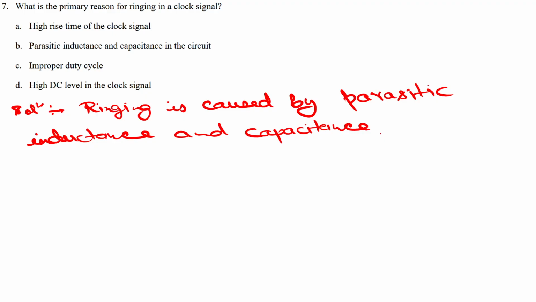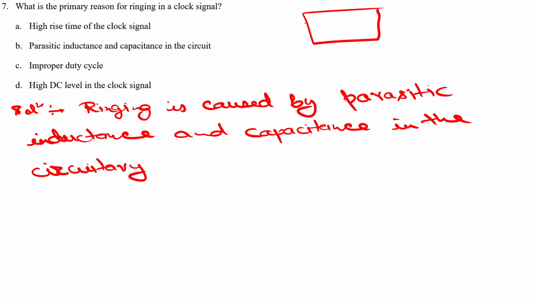Ringing is caused by the parasitic inductance and capacitance in the circuitry. If any unintended inductance or capacitance effect comes out in the PCB, probably because of the trace lines through which the data signal or the clock signal is traveling.